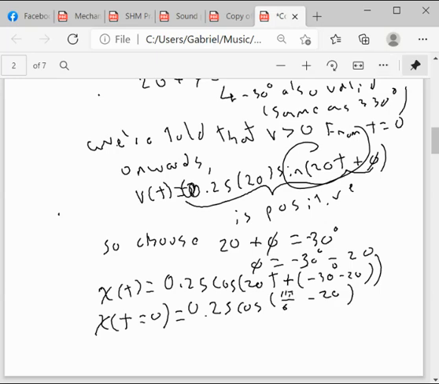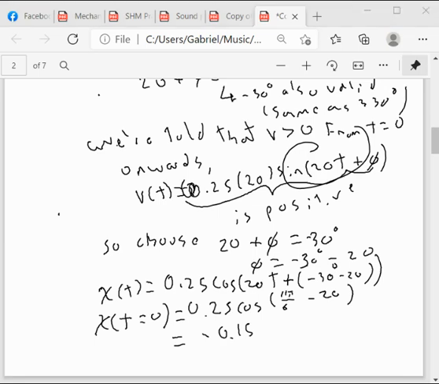So 11 pi over 6 is just minus 30 degrees, properly converted to radians. So anyways, if you plug everything in, your displacement should be about negative 0.15.